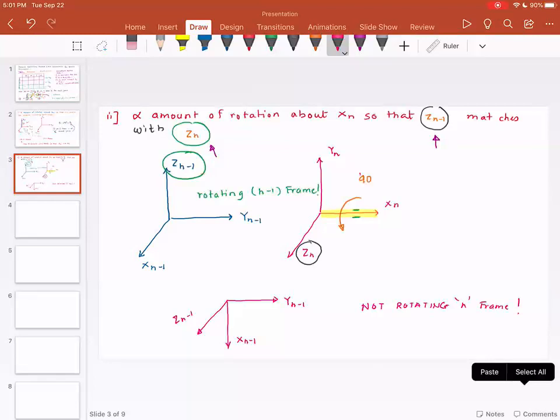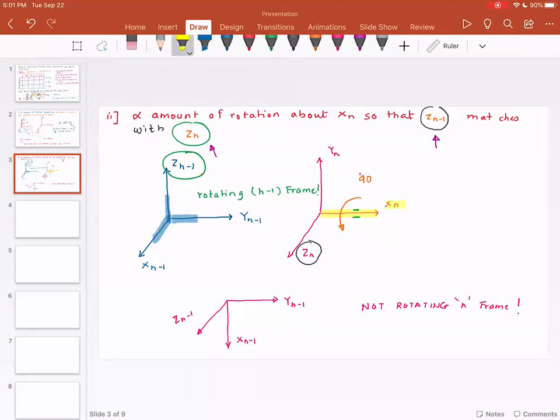So you are rotating n minus 1 frame. Now if you look at the n minus 1 frame, and I'm going to highlight that n minus 1 frame, the n minus 1 frame is this. But this frame needs to be rotated about not its own xn minus 1, but xn, which is over here.